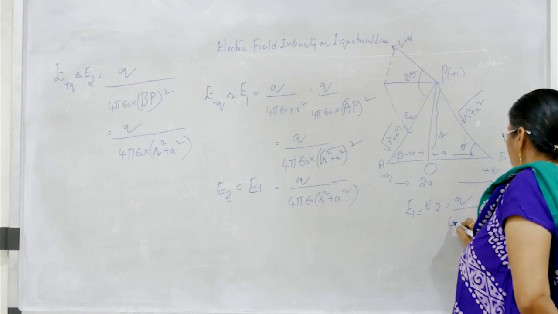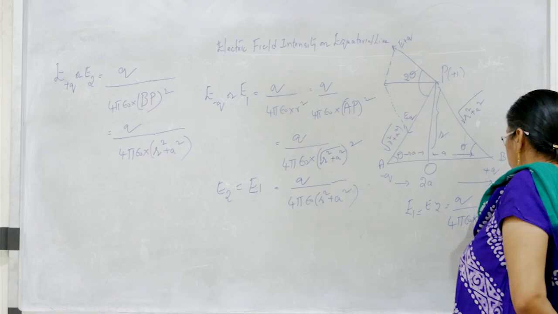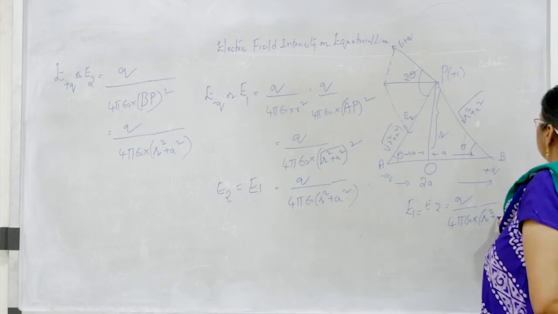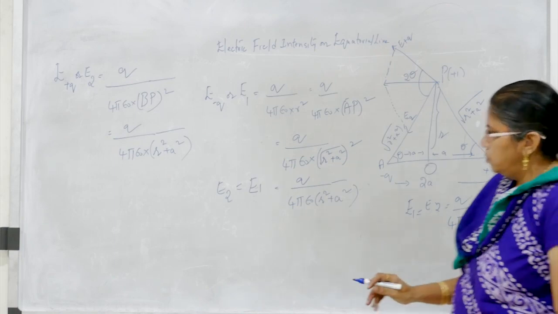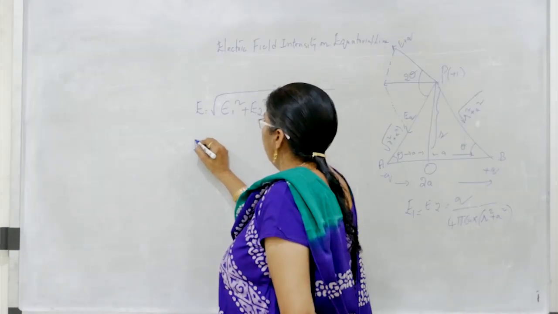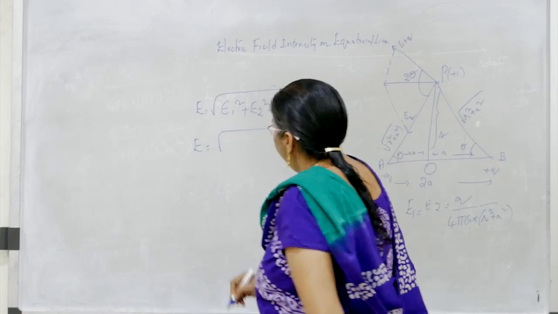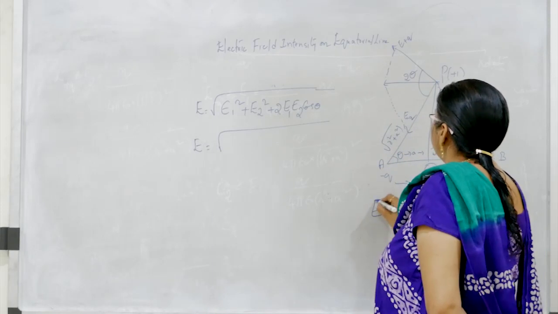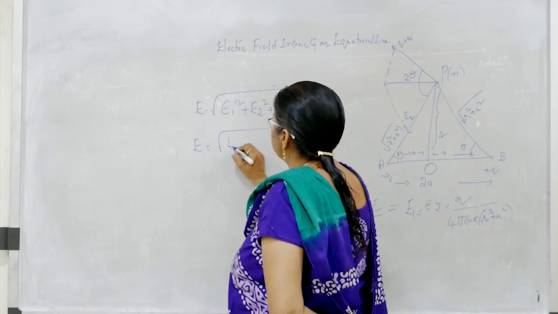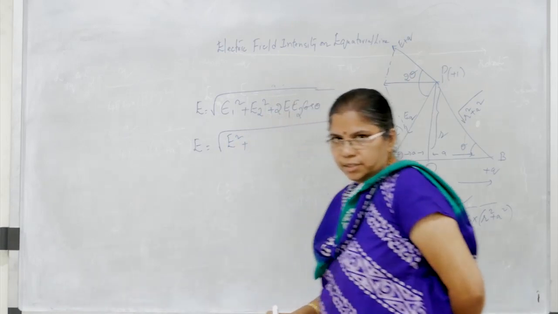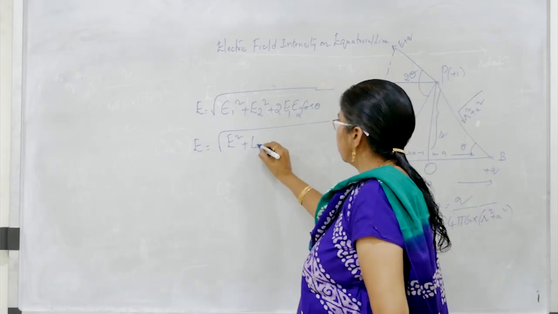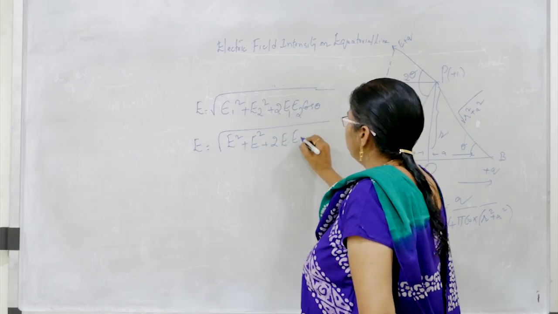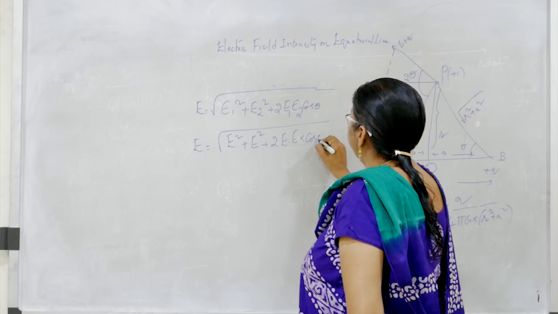Q by 4 pi epsilon naught into r square plus a square. I write this formula. So E is equal to root over, in place of E1 and E2, both the magnitudes are equal, so I will keep it as E. So this is E square plus E square plus 2E into E into cos theta.